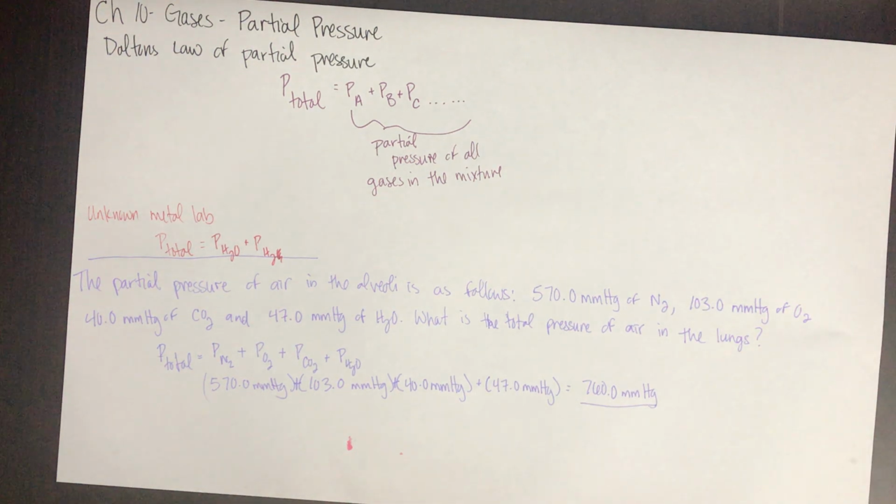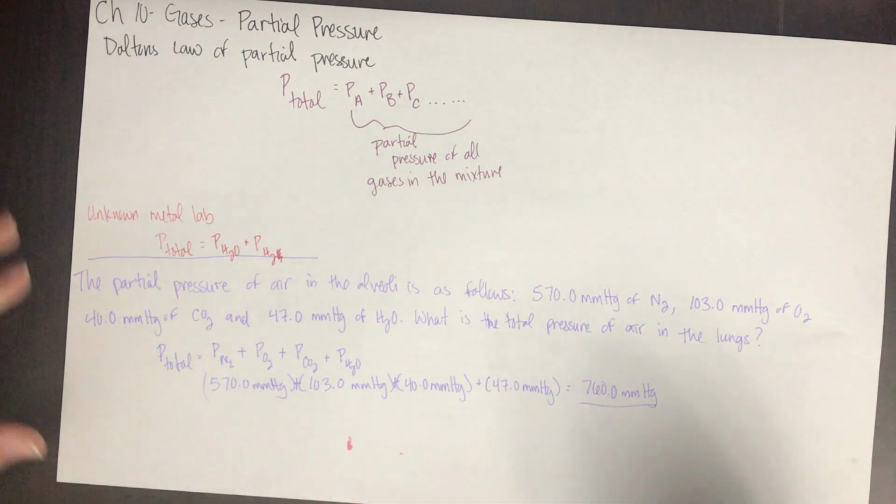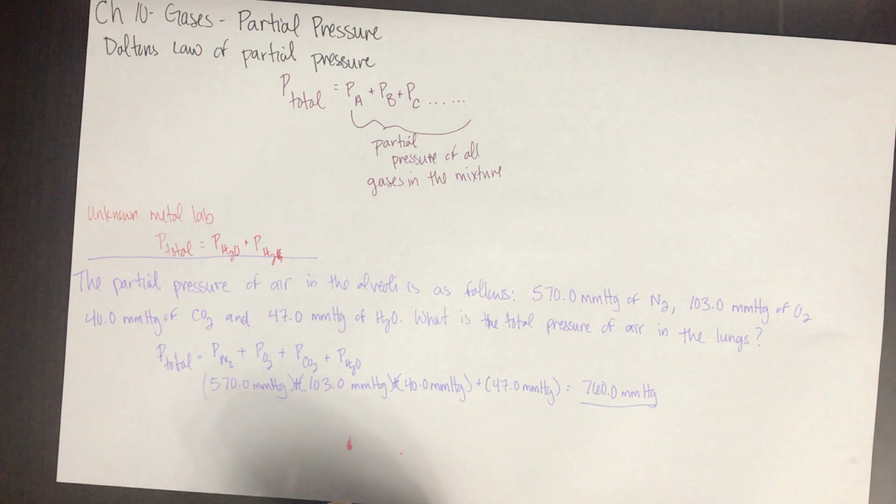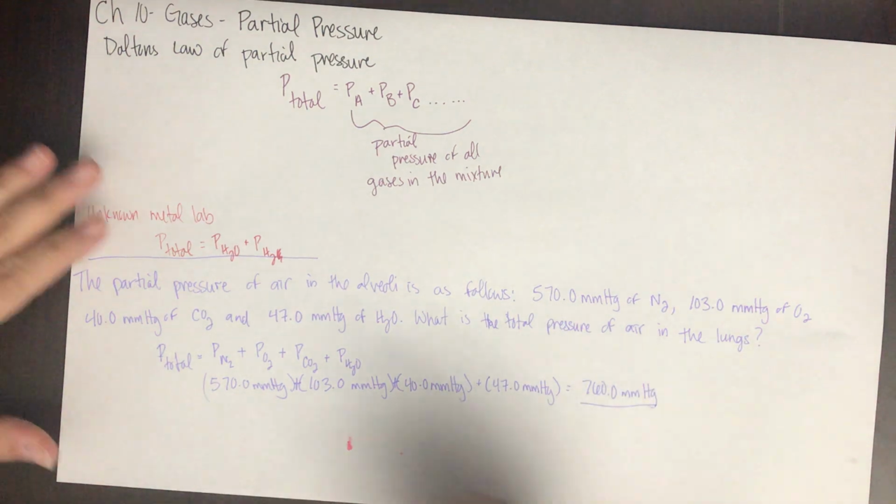There are some other examples where you're calculating mole fraction, where you would, let's just do one of those up here. Using this same problem, let's say, what is the mole fraction of each component in alveolar air?